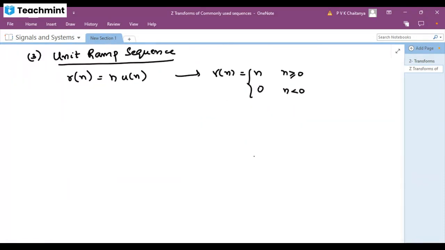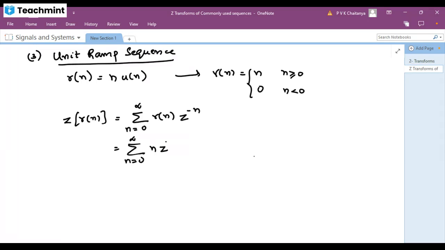So the Z transform of R of n is equal to sigma 0 to infinity R of n into Z power minus n, that is sigma 0 to infinity n into Z power minus n.